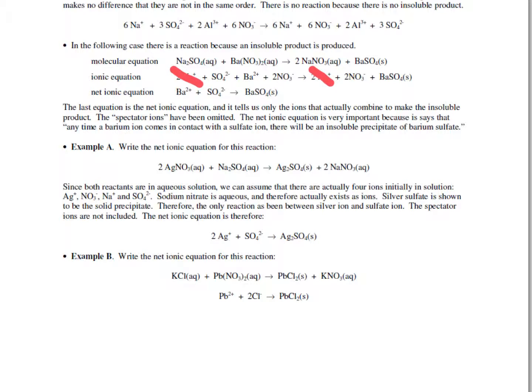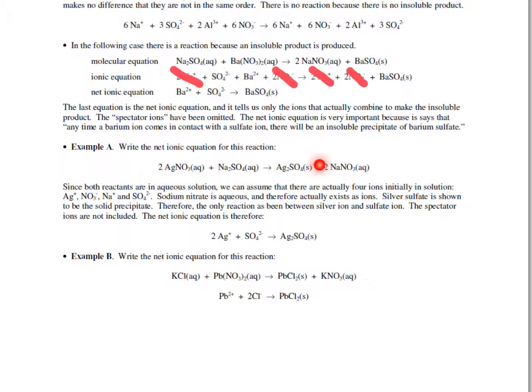It did nothing in this reaction. I have nitrate on both sides. It did nothing in this reaction. What actually happened in this reaction is this ion of sulfate and this ion of barium combined to make a solid. This is where the actual chemical reaction occurred. So a net ionic equation gets down to the nitty-gritty, what actually happened. We don't include anything that didn't do anything, okay?